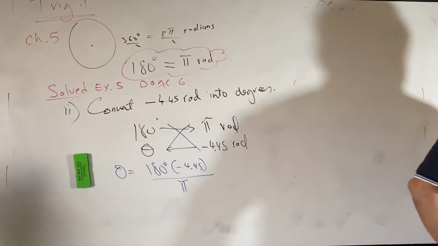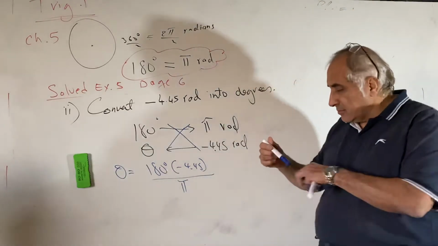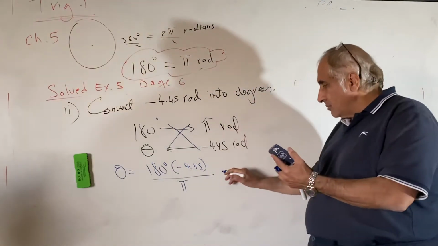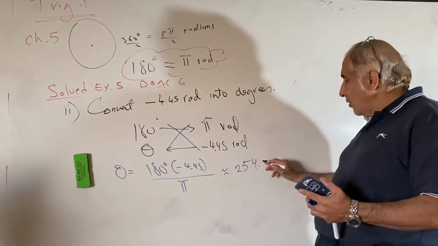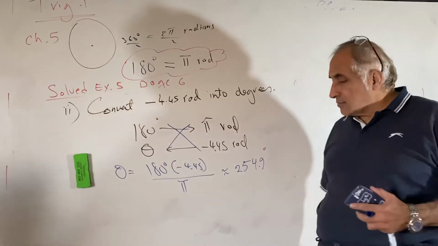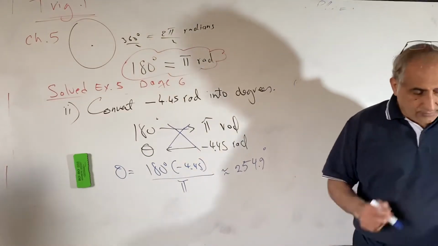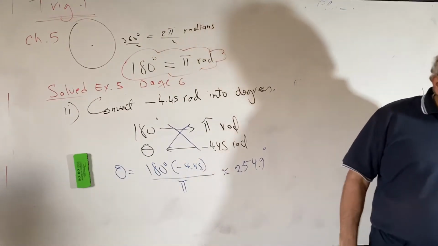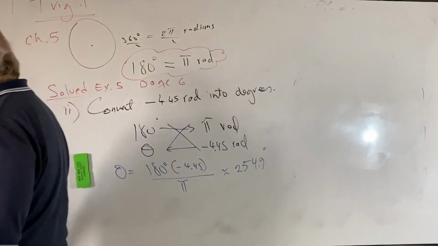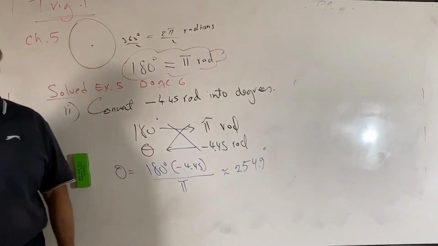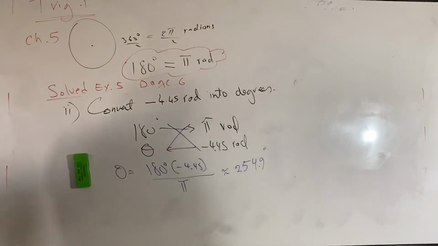So the answer is about negative 254.9 degrees. Okay? So it's very straightforward. Just be aware of how to convert from degrees to radians, backward and forward.